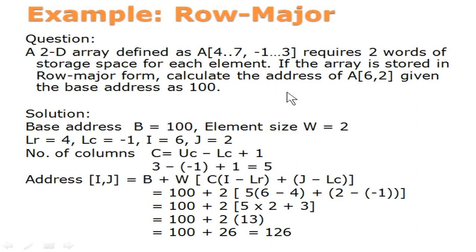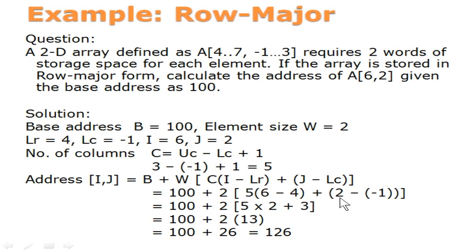Now you have got all the values. Now you are going to write the formula and substitute the values in it. So B, the base address, is 100. Then W is 2. Then C is 5. Then the I value is the row whose address you are going to find, that is 6 minus LR, which is 4.